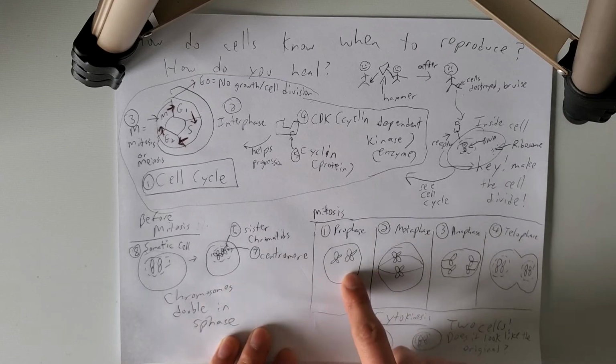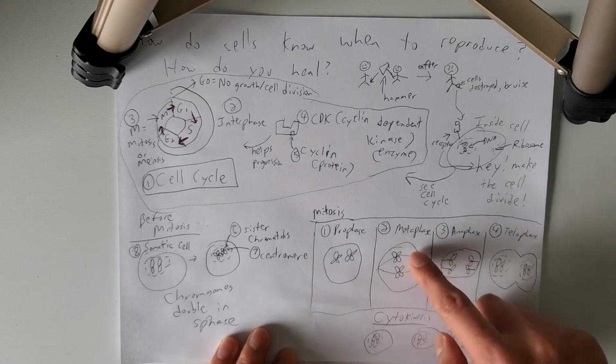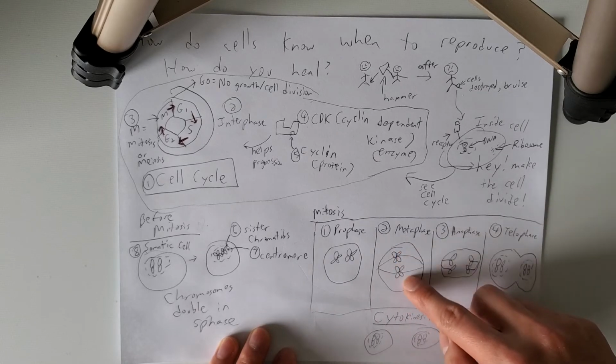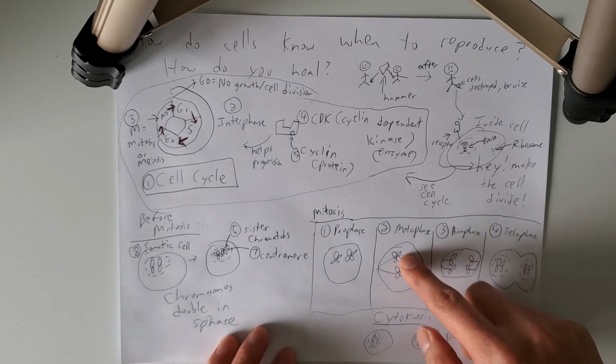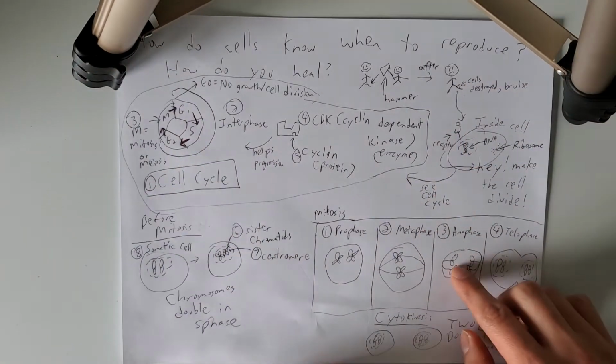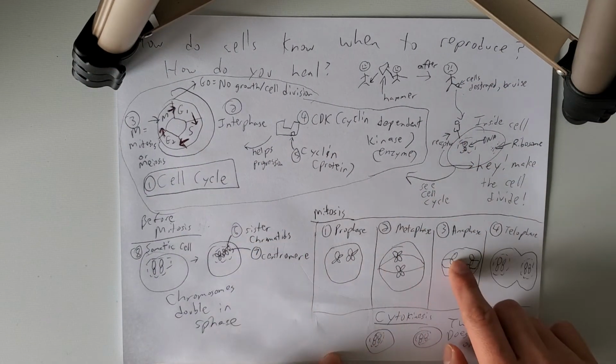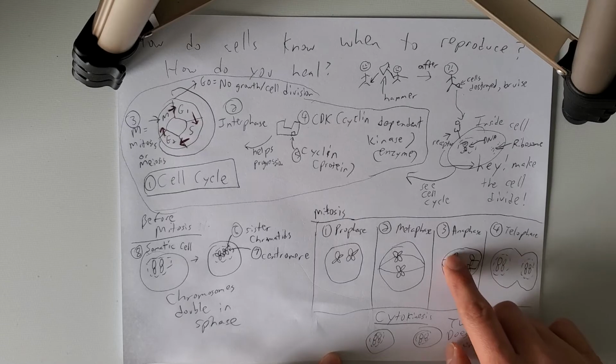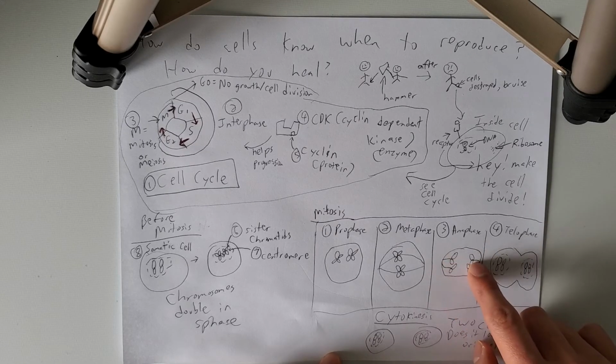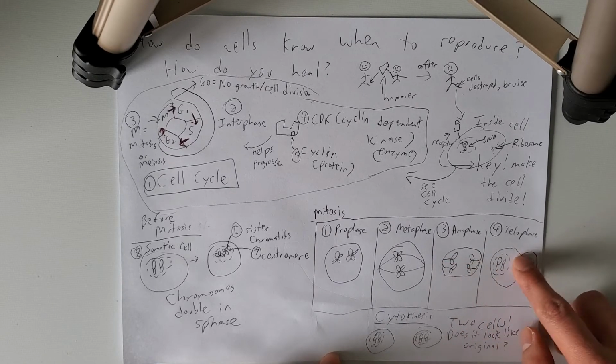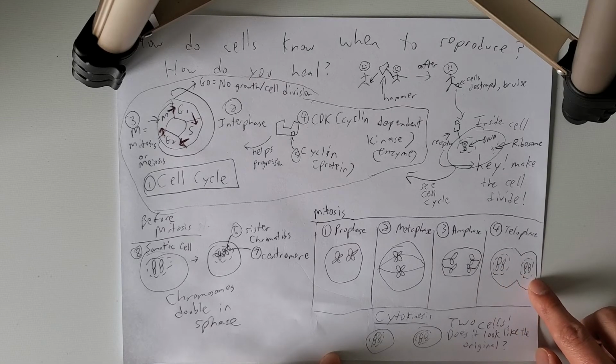First step, what's missing? The nucleus is gone. So prophase, no nucleus. Metaphase, the chromosomes are lining up in the middle. Anaphase, we rip apart the two sister chromatids, so each side has the identical DNA. And then telophase, we build the nucleus again.